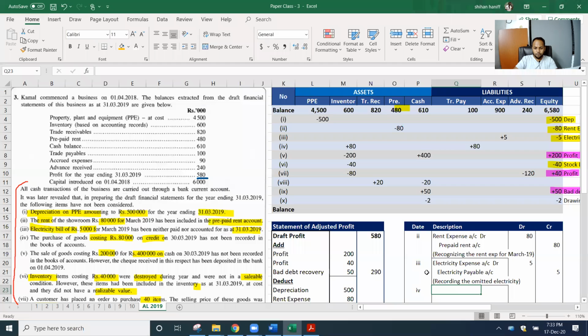The transaction number 4, the purchase of goods costing 80,000 on credit on 30th March has not been recorded in the books of accounts. Right. So transaction number 4, it's a credit purchase.